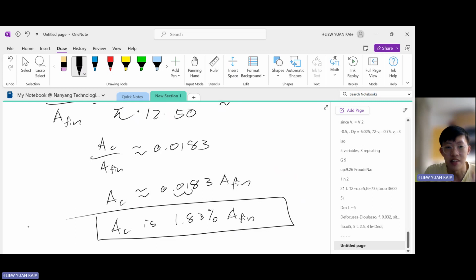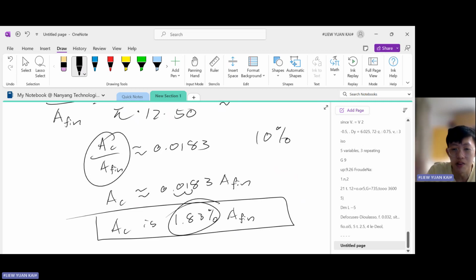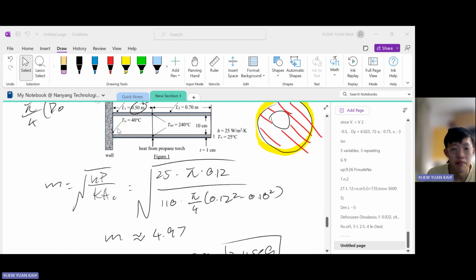As long as this ratio is under 10%, you can use the adiabatic tip formula. So you see, it's already 1.83. That means the cross-section area is super small compared to the A fin, which means that in effect, we can assume that there is negligible heat transfer rate flowing through the tip of the pipe.